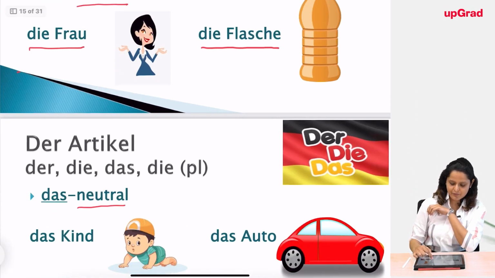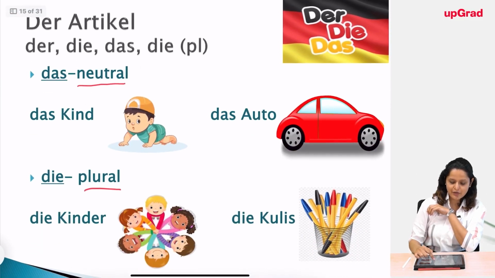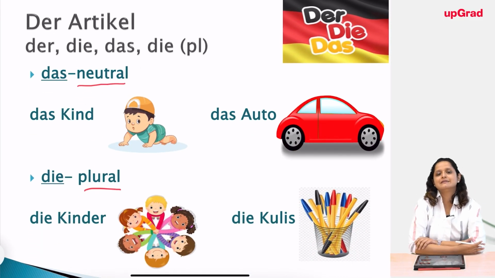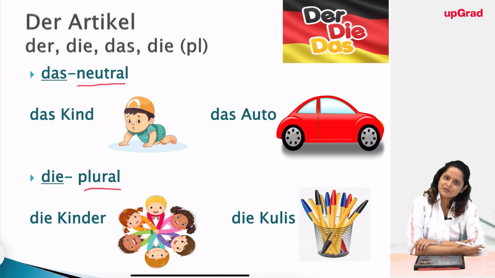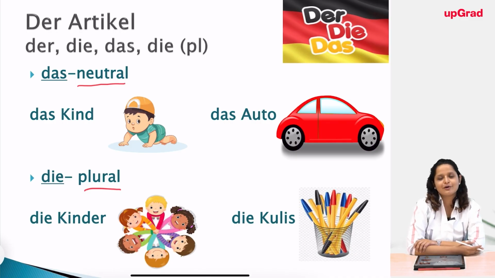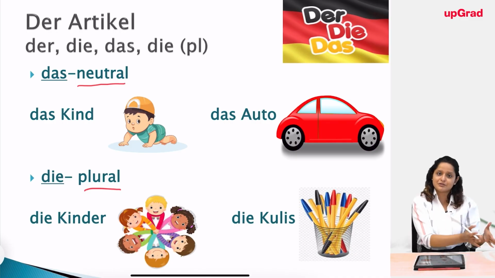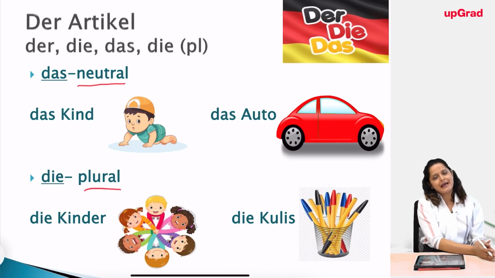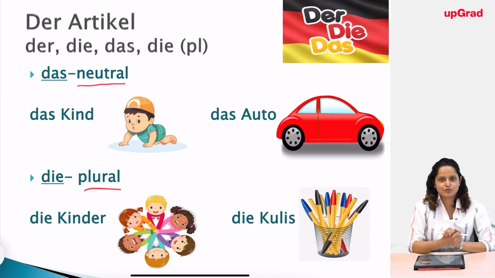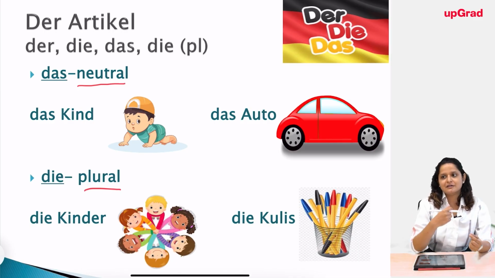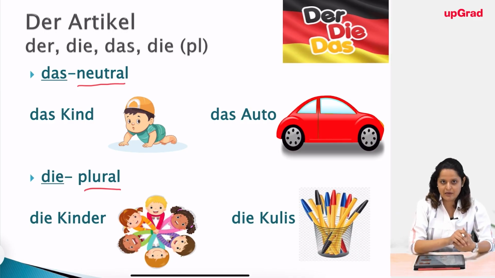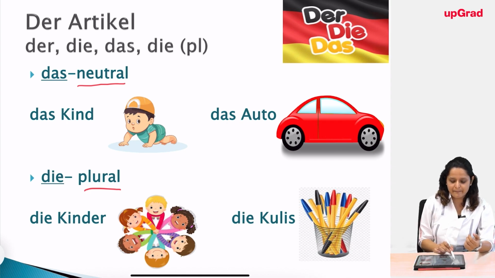After this, we go to the neutral nouns, that is, nouns which are neutral. Just because they are neutral nouns doesn't mean they're only applicable to non-living things. We also have nouns which represent human beings, and they can still be neutral nouns. So, das Kind.